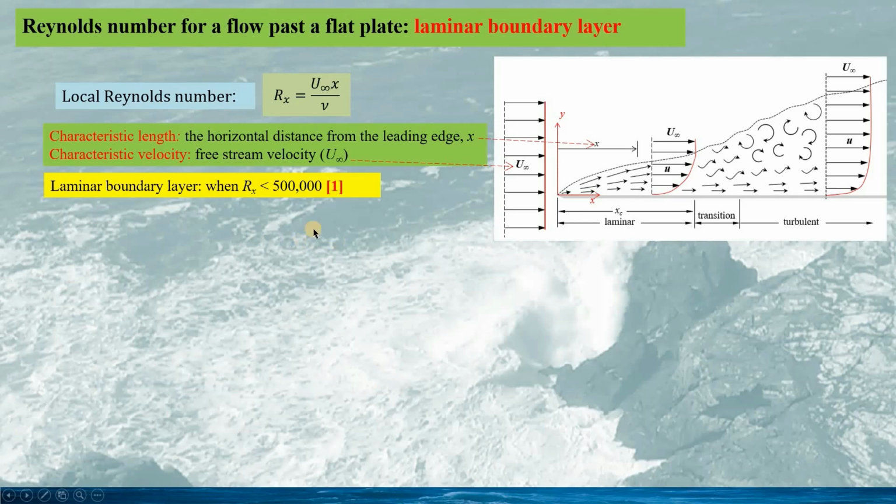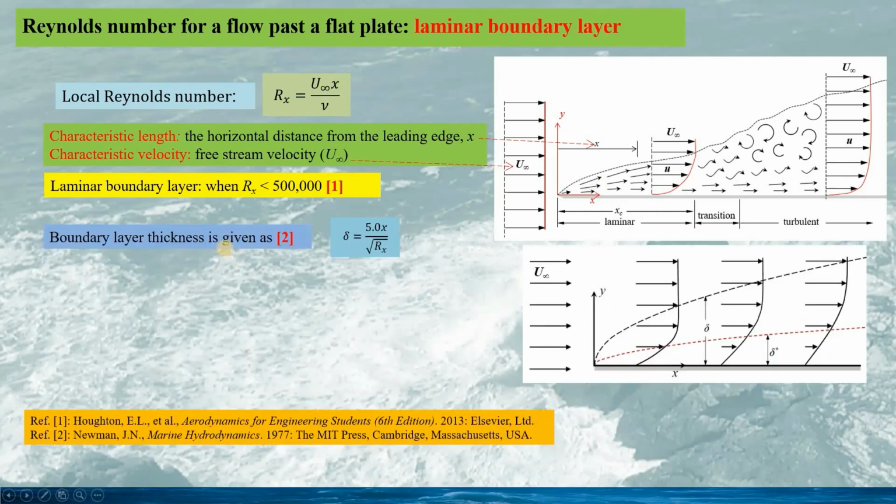And in this example, it's generally accepted that when the local Reynolds number is less than 500,000, the boundary layer would be laminar, as seen here. In this case, the boundary layer thickness delta can be calculated using this formula. It's based on the horizontal distance x and the local Reynolds number Rx.